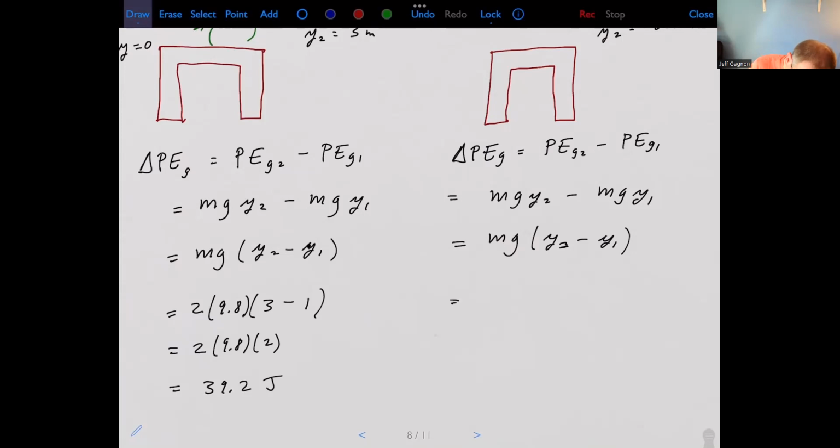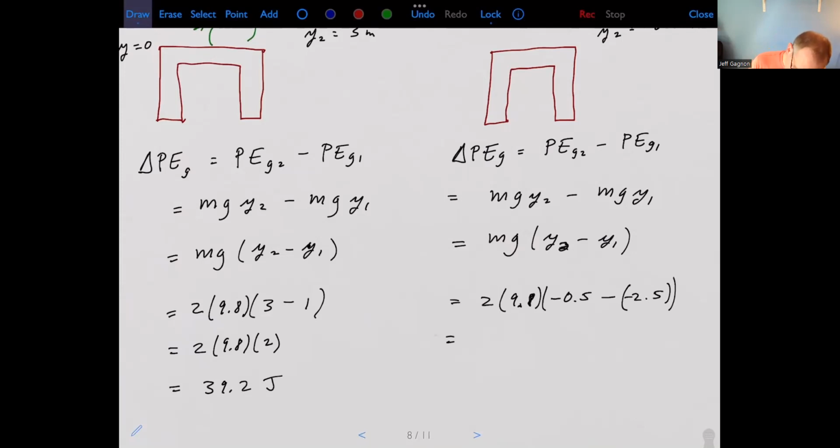Now, in the right-hand case, where I'm using the ceiling as my reference point, the mass is 2. That's the same. g is the same. But now my y2 was the second position, which I think was 0.5 below the ceiling. So this is like negative 0.5. And then the y1 was negative 2.5.